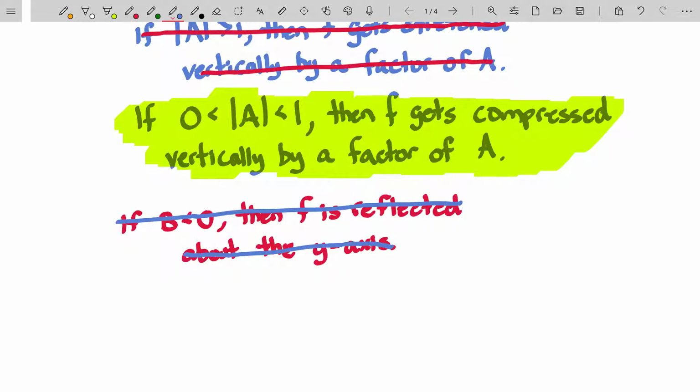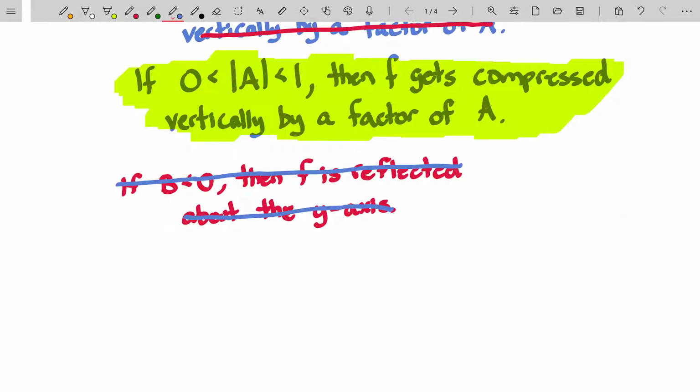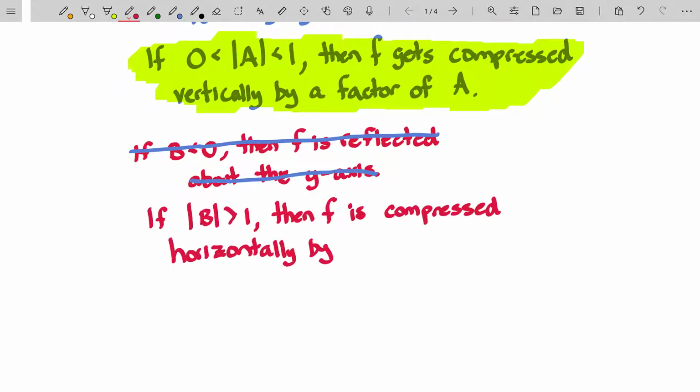Now we move on. What if the magnitude of b is greater than 1? Well, if the magnitude of b is greater than 1, then f is compressed, which is the opposite of what most people would think, but f gets compressed horizontally by a factor of 1/b. Technically, it's 1 over the absolute value of b, but whatever.